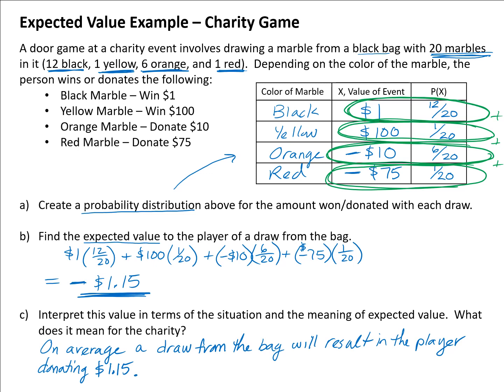All right, what does this mean for the charity? Well, the charity is going to get money on average if this game is played enough. So if enough people come to the charity event and enough people play, this charity is going to make money because the player is donating on average. And so the charity is getting that money they've donated.